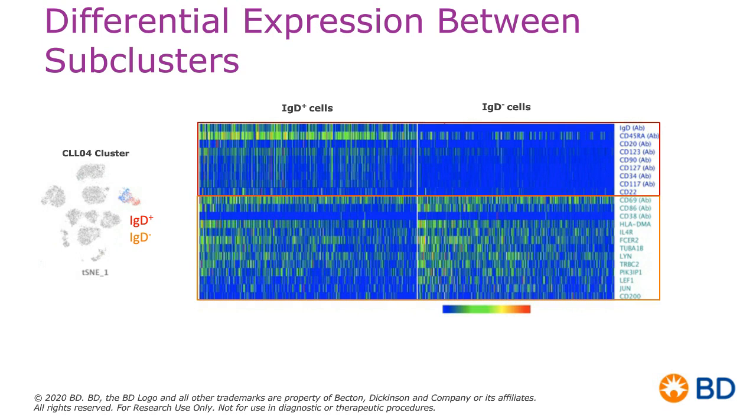So again, this allows us to really interrogate what is actually unique about this particular CLL sample. And then we're able to understand the heterogeneity within one specific CLL sample, how all four of those CLL samples compare to each other, and then how all of those CLL samples compare to normal healthy donors or healthy samples.